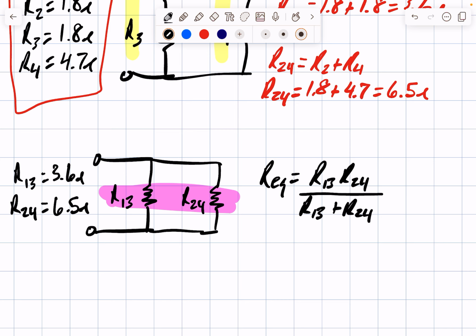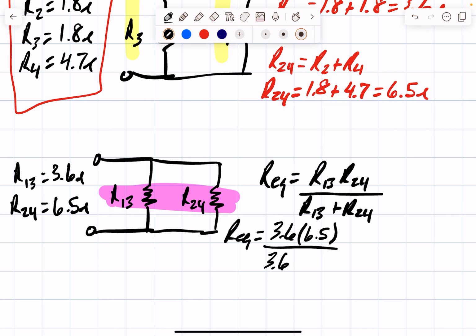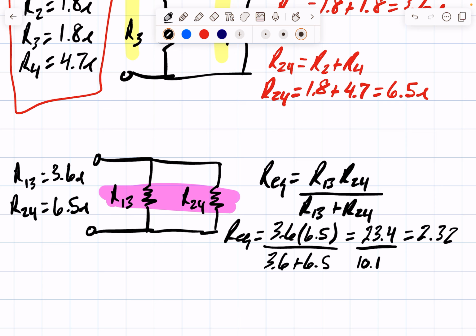Okay, so if we write this out with numbers, we will get 3.6 times 6.5 over 3.6 plus 6.5, which will give us 23.4 over 10.1, which gives us a final result of 2.32 ohms. And that will be our equivalent resistance of the circuit.